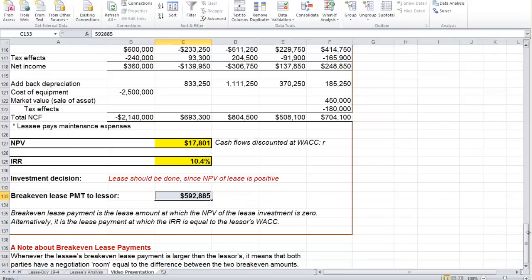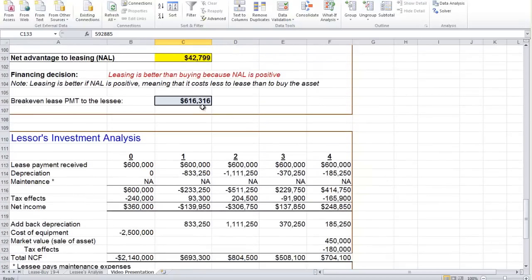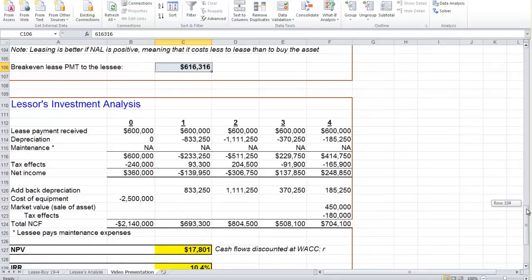So as it turns out, you find that the break-even lease payment for the lessor of 592 and some change is actually less than that for the lessee, meaning that there is a negotiation room between these two parties.